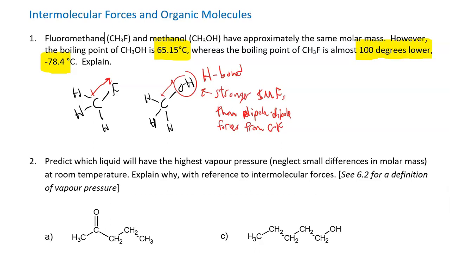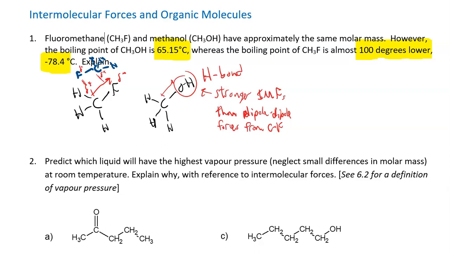And I just wanted to highlight what these intermolecular forces are. We have a delta positive on the carbon, delta negative on the fluorine. If you have another one of these molecules, say a fluorine here, carbon here, H, H, H, we have a delta positive on this carbon, delta minus on this fluorine.